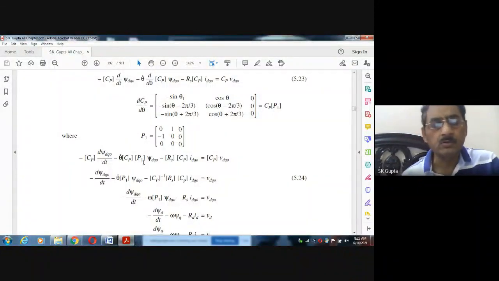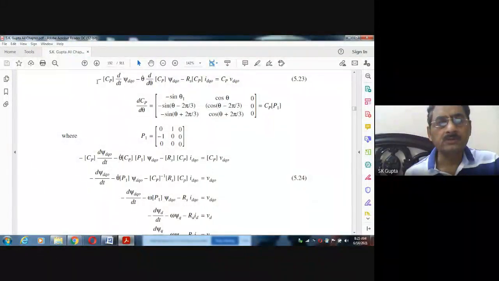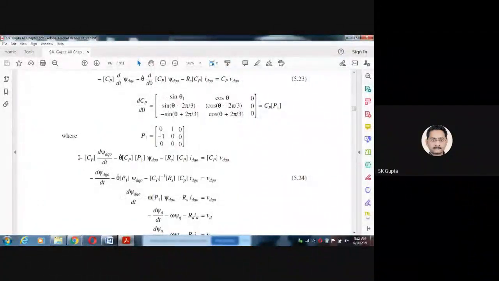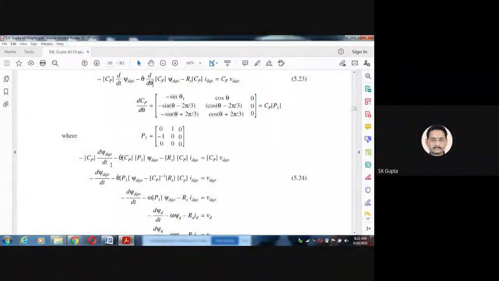So we write it as Cp P1, okay, and theta dot. So this equation above, the same equation can be written here like this, and you see Cp here, Cp here, Cp here, Cp here. So if you multiply by Cp inverse here, or you can say P, multiply here, this will be the identity matrix.